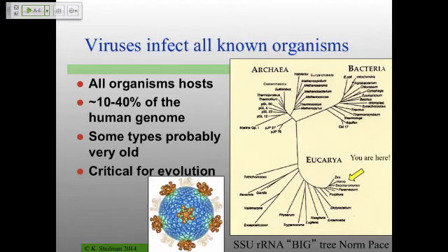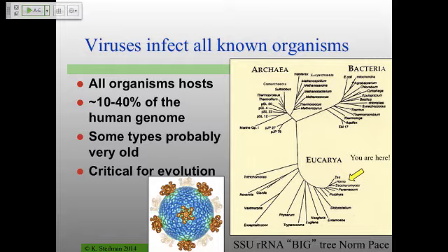So that being said, viruses infect everything. Anybody found an organism that's not been infected by viruses for extra credit? It's probably not worth your time. Because as far as we know, all of these organisms have viruses associated with them. Many times those are actually proviruses, which have been integrated into the genomes, particularly for bacteria and archaea.